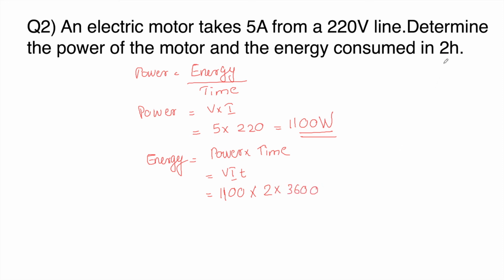Hours we always convert into seconds. 1 hour means 3600, so 2 hours is 2 into 3600. After solving this, we'll get the answer, and what is the unit? Joule. And again we can write it as 7.92 into 10 raised to 6 joule. So this is the power and this is the energy consumed in 2 hours.